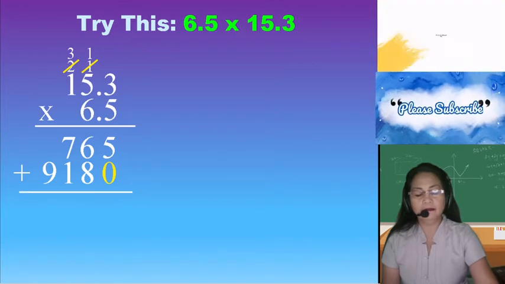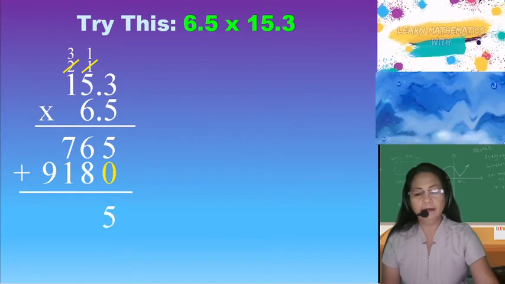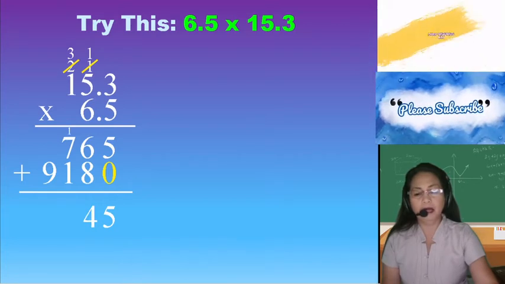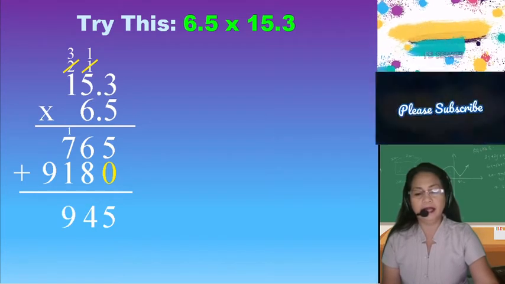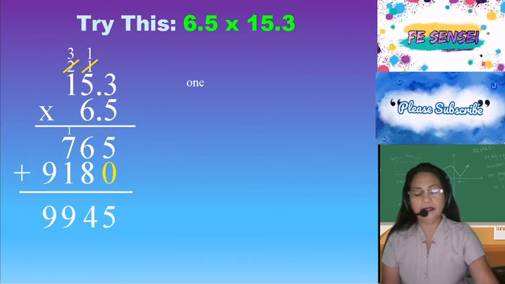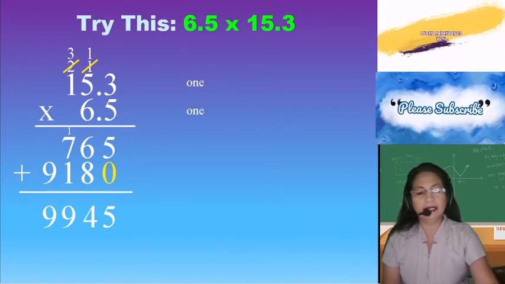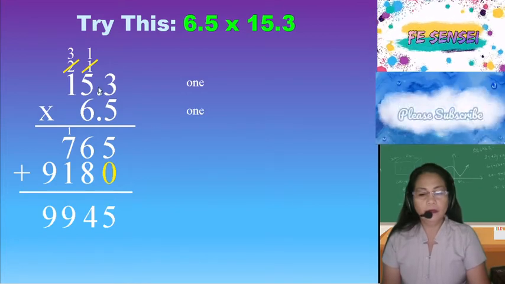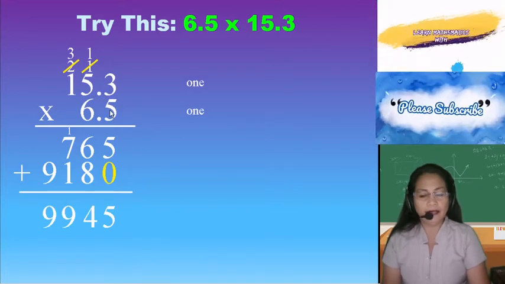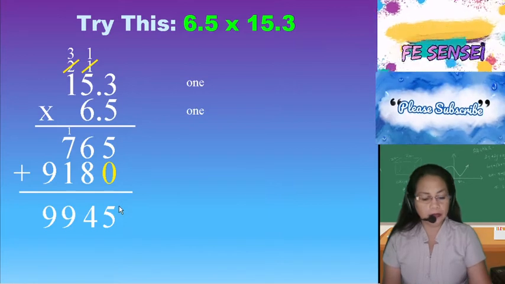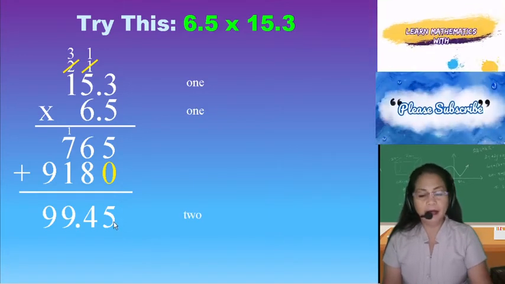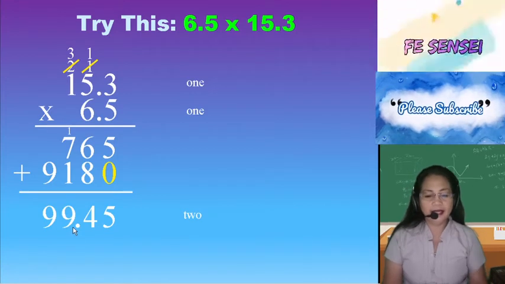Then add. Then the number of decimal places, we have 1, 1. 1 plus 1 equals 2. So we have 1, 2. And that's the answer.